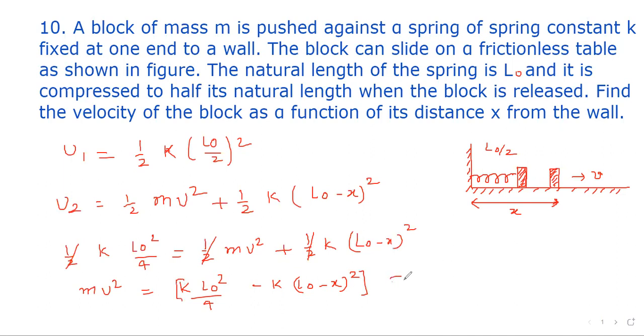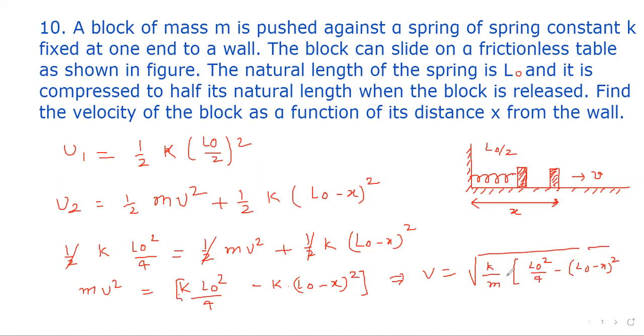For getting velocity, we divide the equation by m and then take the square root. So we can say v is equal to the square root of k upon m, because k will be common from these two terms, k upon m times (L0 square upon 4 minus (L0 minus x) whole square).